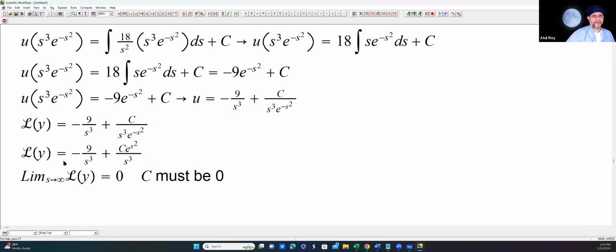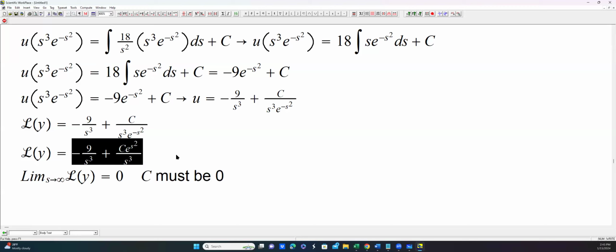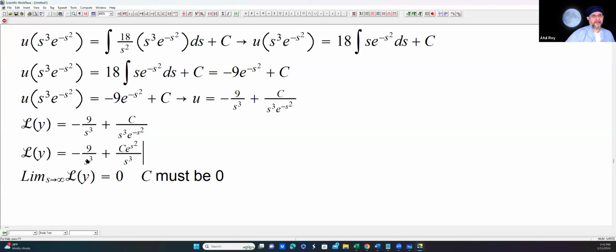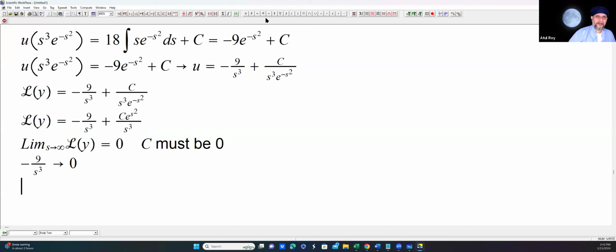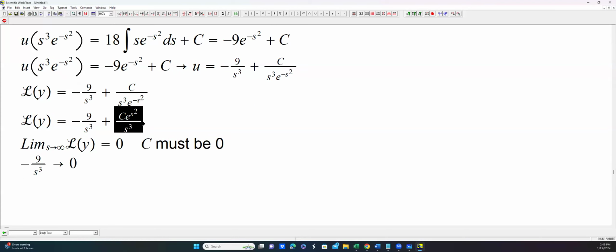Because if you let s go to infinity, the limit of this sum should be zero, right? So you can see this guy goes to zero without any problem, right? But this one is this here.